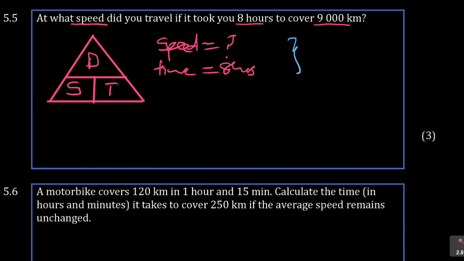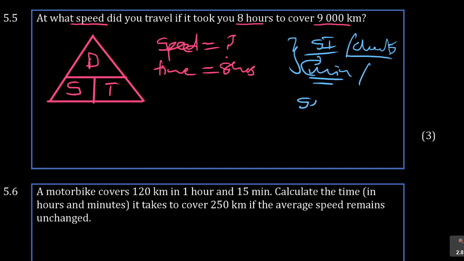Now, what I want you to be careful of, look for SI units here. Always try to deal with SI units, or be careful of units. If I give you minutes, please, minutes are not SI units. You must convert them to hours, please. Please always remember that. If I give you seconds, always make sure that on distance you're working with meters.